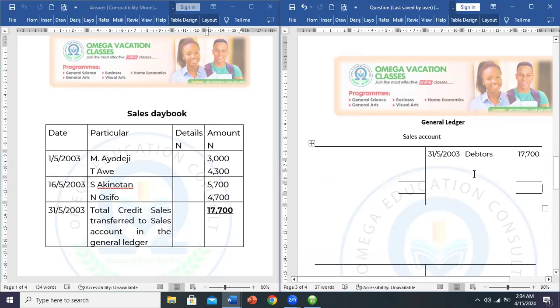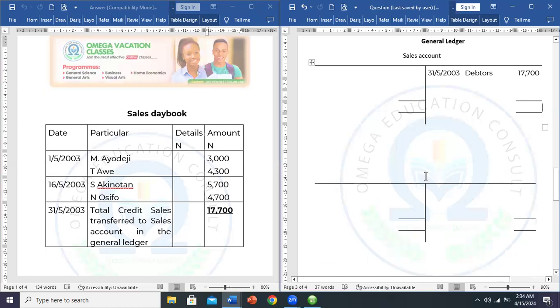But in this case, we are saying that because you have prepared your sales daybook, when you post the individual transactions for the debtors, the total is what you pick to your sales account. Let me do a simulated sales account. Maybe that will make you appreciate it better.